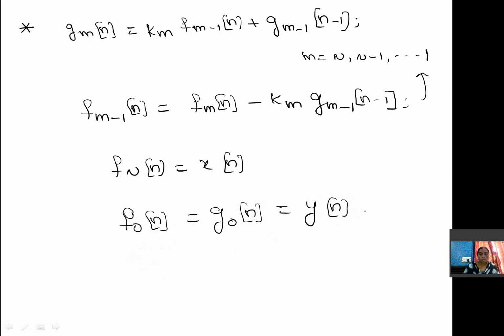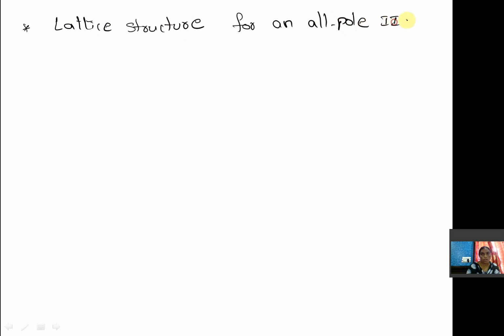Okay, that means here we just considered all pole IIR system, that's why. So now based on those equations we are realizing the structure. What is that? Lattice structure for an all pole IIR system.